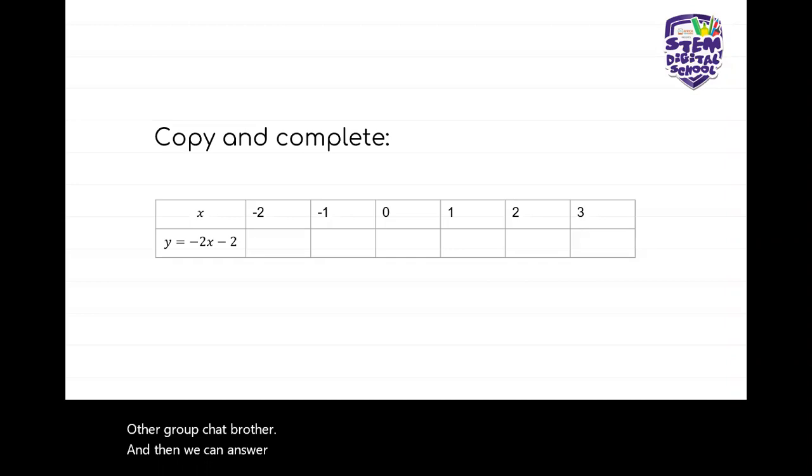Welcome everyone. And of course, you can see we have a table which I want you to copy and thereafter complete. Can we take the time to copy the table and thereafter let's complete the table.